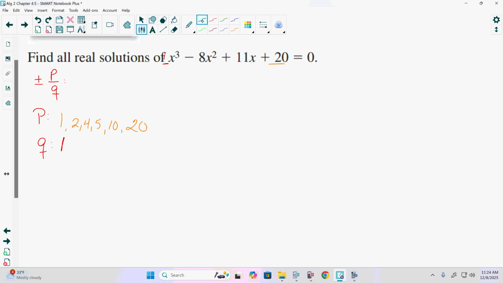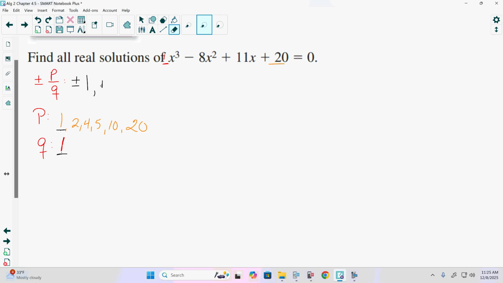Now, to find all the rational zeros, we take every value of p and divide it by every value of q. And I always start with q, so I pick 1 first. So we're going to have plus or minus 1 divided by 1. But what is 1 divided by 1? It's just 1.